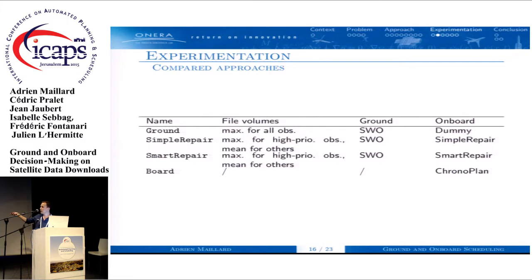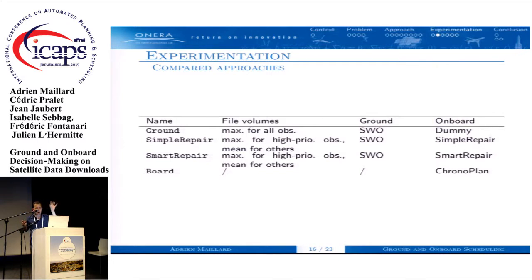Simple repair, I do not talk about this. Smart repair is the procedure we have seen. It just follows the flexible plan and inserts acquisitions that can be inserted. Onboard is an onboard procedure that is chronological and that does not take into account any flexible plan produced on the ground.